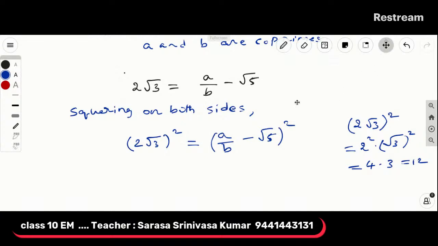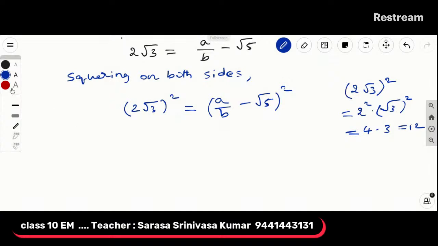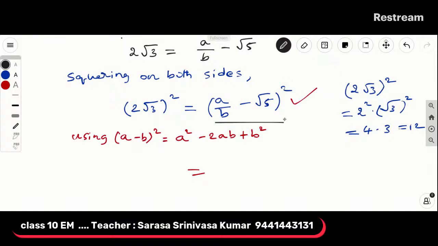So using the formula (a minus b) whole square equal to a square minus 2ab plus b square, the right hand side can be expanded.